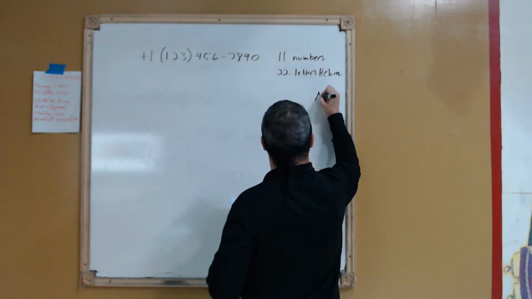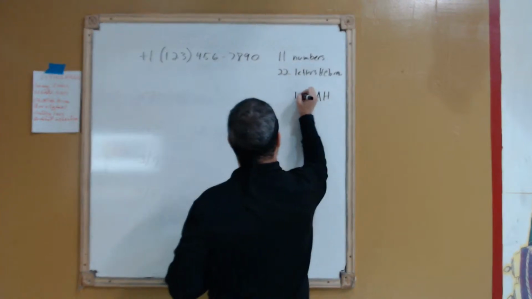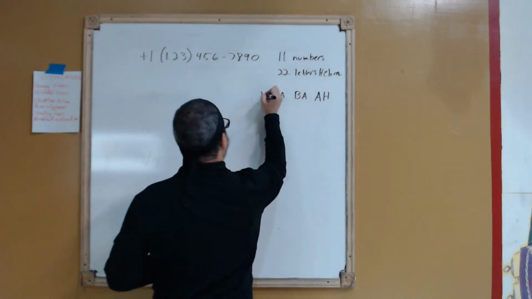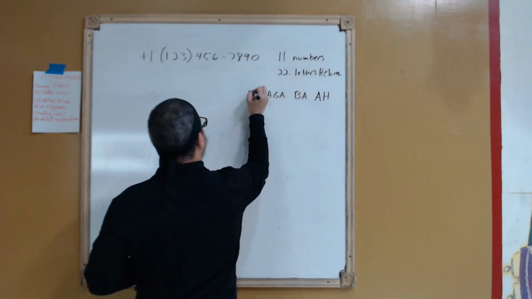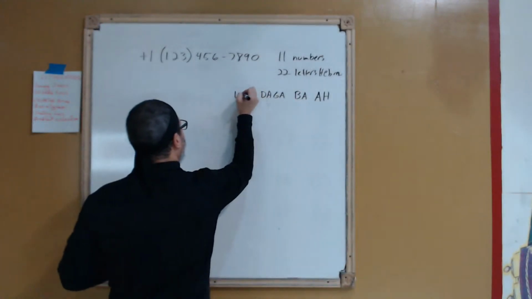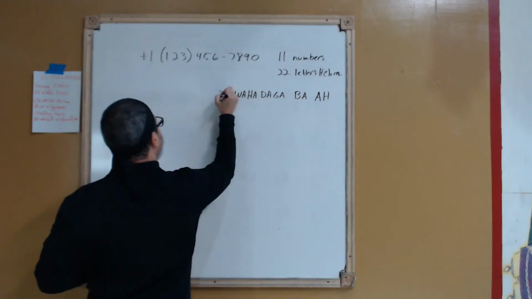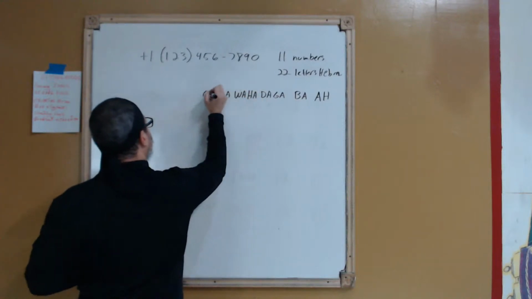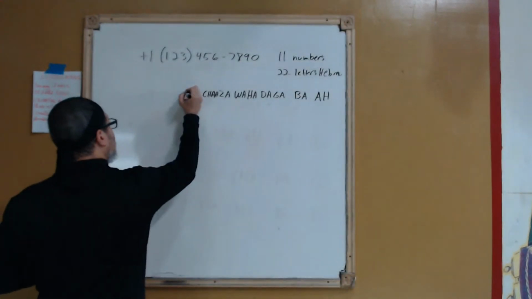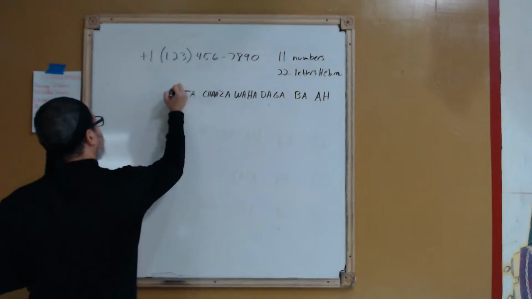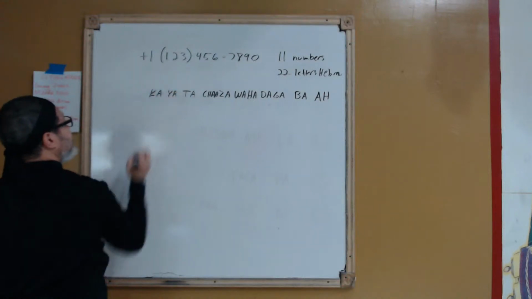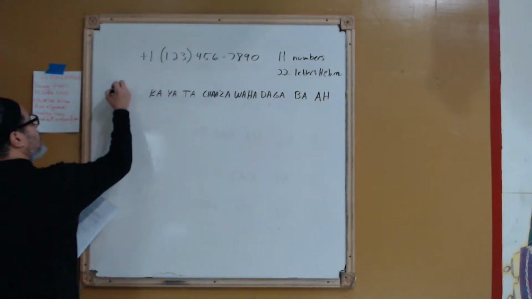So it would be A, Ba, Ga, Da, Ha, Wa, Za, Ka, Ta, Ya, Ka. So that's 11.